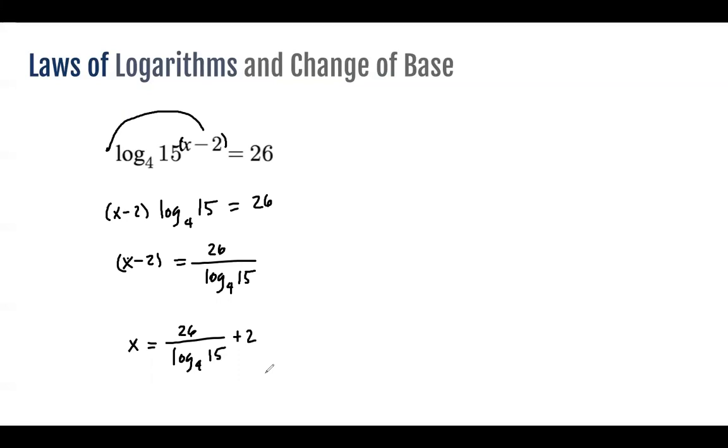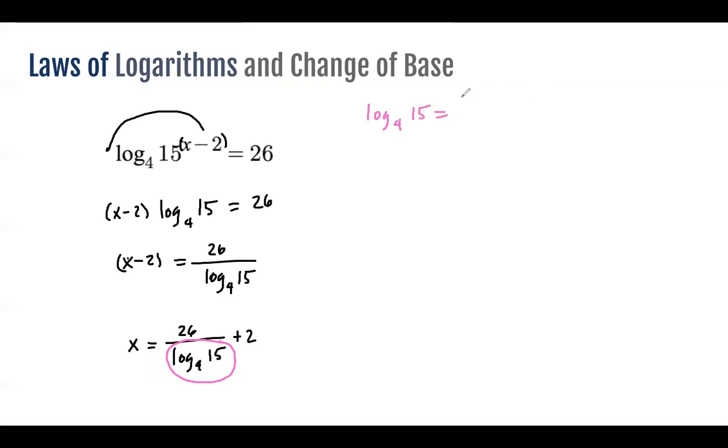Now, logarithm base 4 of 15 is something that we don't know how to solve, or we could try to find an approximation, but we could use the change of base formula. So we're going to grab this one and change the base. So I'm going to have logarithm base 4 of 15.